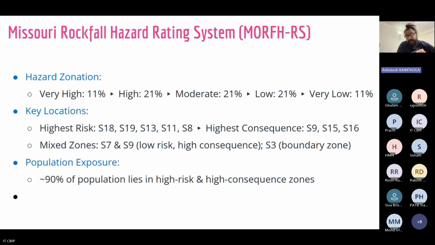Sites S15 and 16 were near Batseri village. Also, 90% of the population in this valley resides in high risk and high consequence zones.